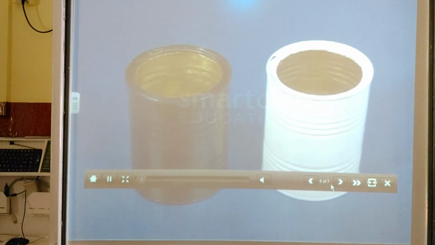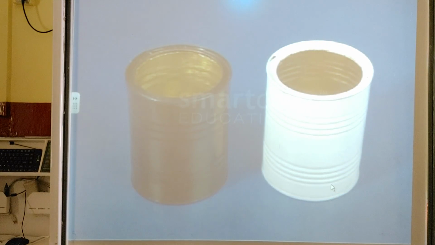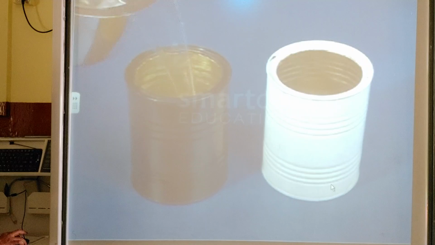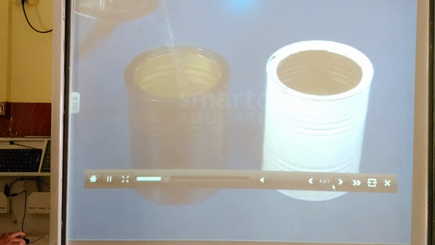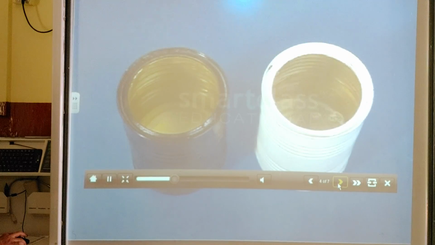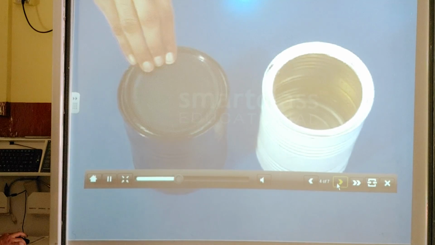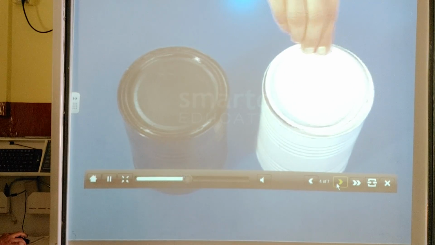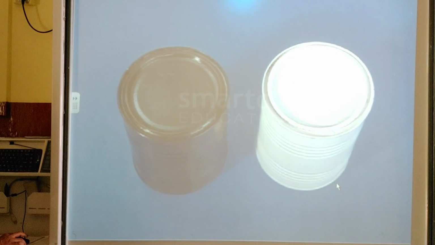To begin the activity, take 2 cans, one black and the other white, and pour equal amounts of boiling water into them. Close the cans and keep them in shade for 15 to 20 minutes.